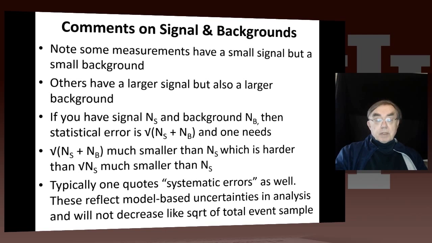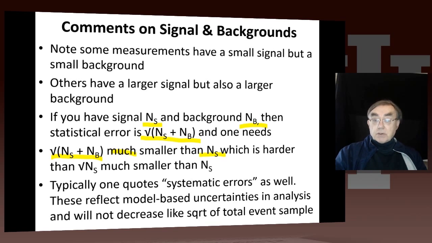When you have a signal which is measured by a number of events and a background measured by a number of events, the statistical error is the square root of the sum of the signal plus the background, and you need this error to be smaller than the signal, or I should say, as it says here, much smaller than the signal.